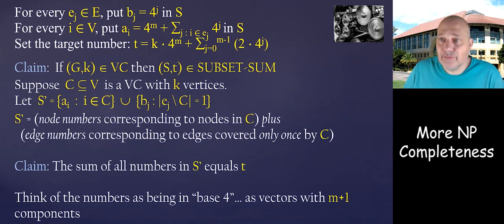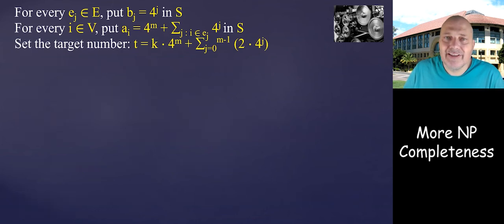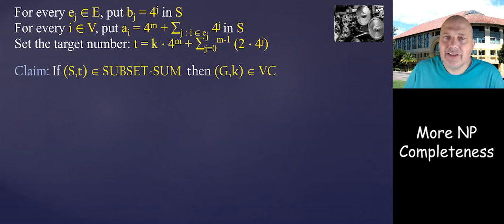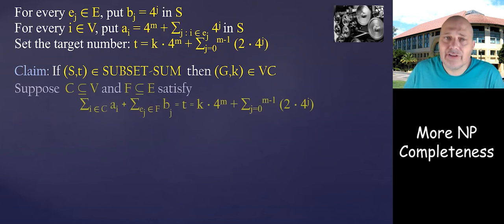Really the way to think about it is numbers in base 4, as vectors with m plus 1 components, from 0 up to m. And we've done it on the board. Let's do the other direction. If S,T is in subset sum, I want to say that G,k is in vertex cover.